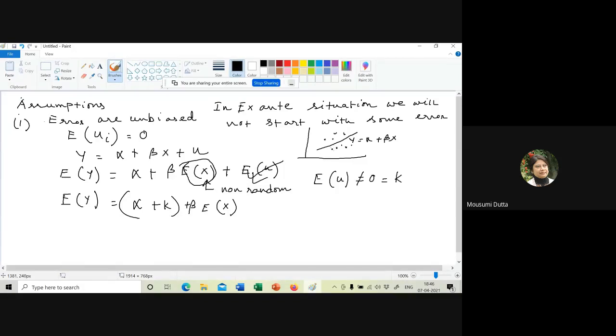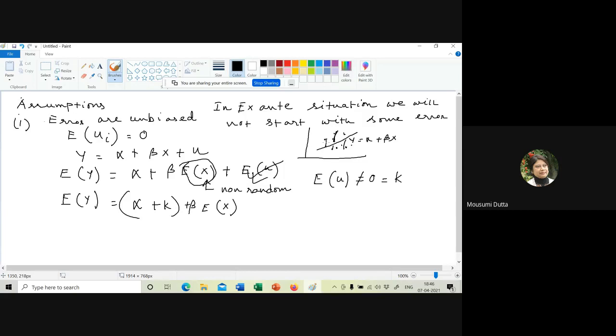So the number of positive errors will be exactly equal to the number of negative errors. If you consider the expected values, that is the mean error, the errors will cancel each other and the expected value will be equal to 0.